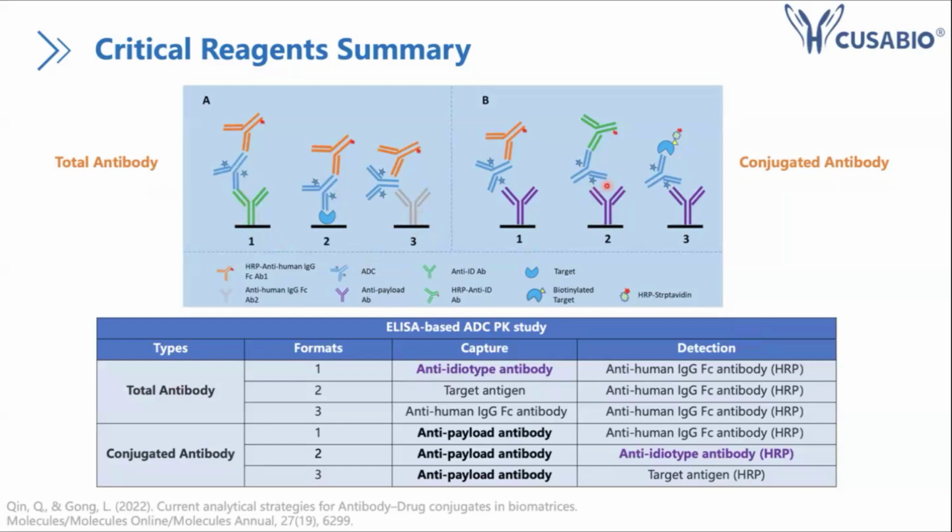For the conjugated antibody, the capture reagent is always the anti-payload antibody because, as I said, we care about the payload portion. The detection reagent is similar to the capture reagent here. You can choose different formats, but I will still say the anti-idiotype antibody is always very specific compared to the others.